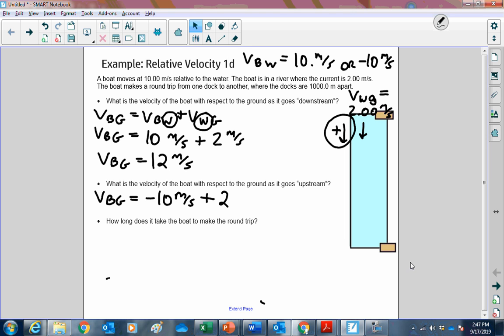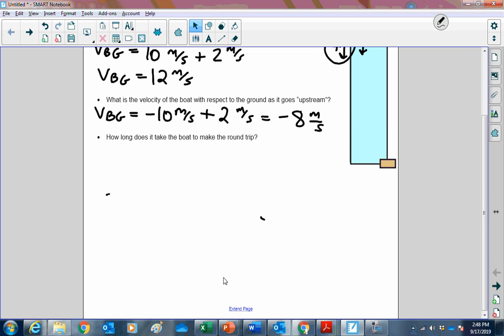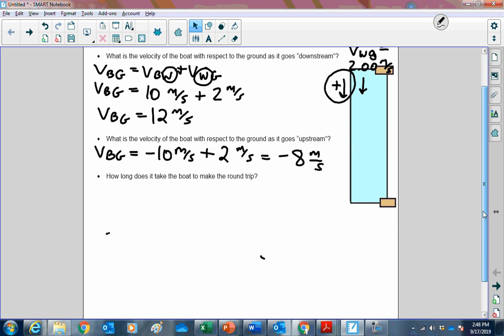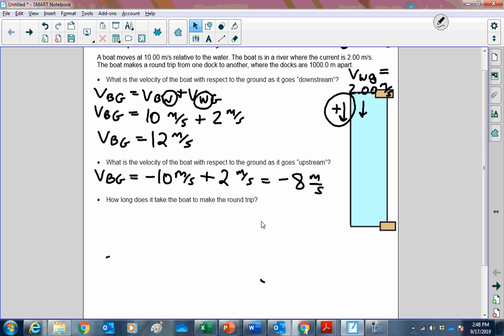I'm going against the current, so now I've got negative 8. And really, I'm going to change these velocities into speeds, because then I'm calculating the time to do the round trip.